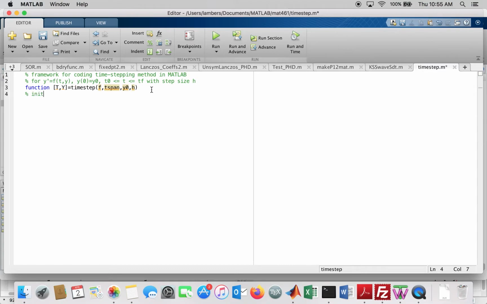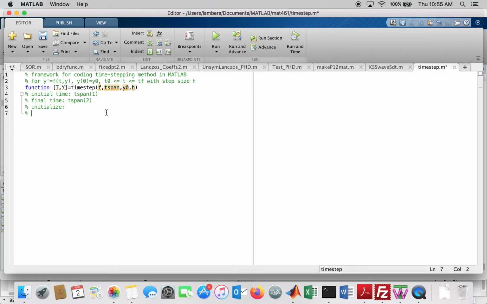So the initial time is tspan of 1, final time is tspan of 2. So we assume it's a 2-element vector. So we get the initial and final times from the first and second elements respectively.